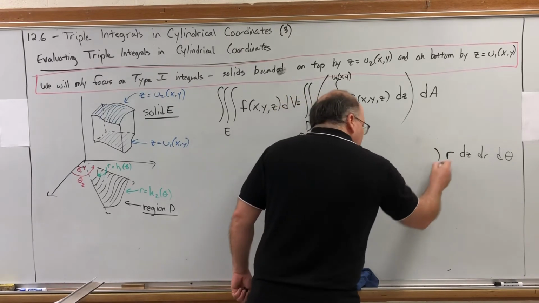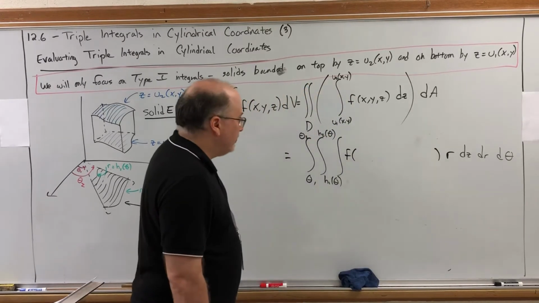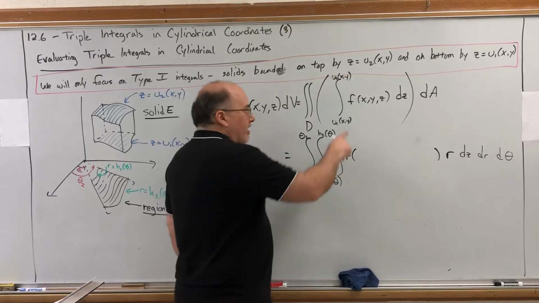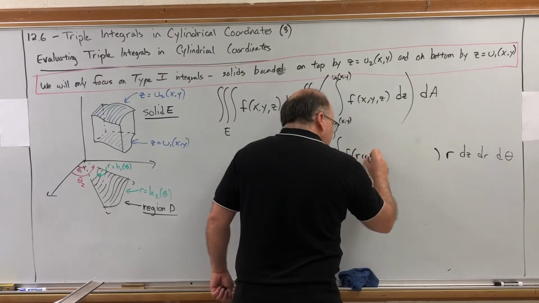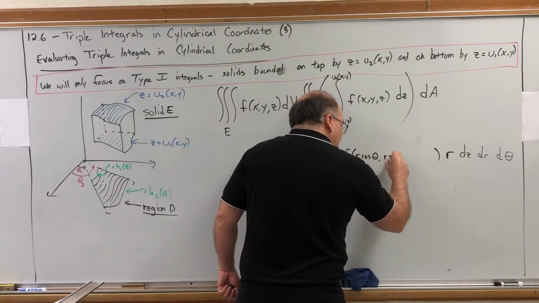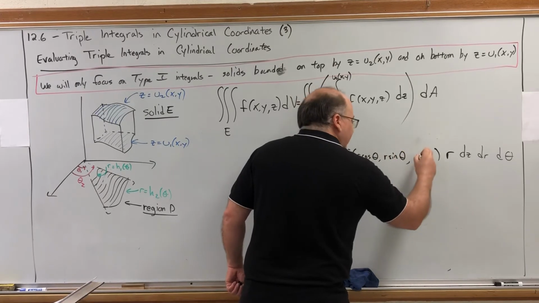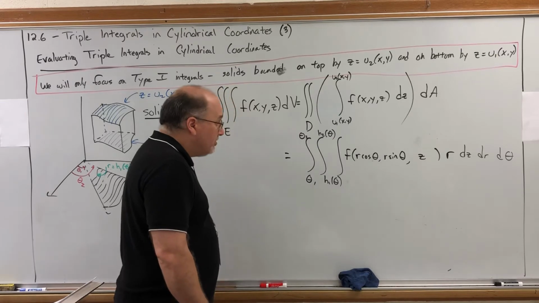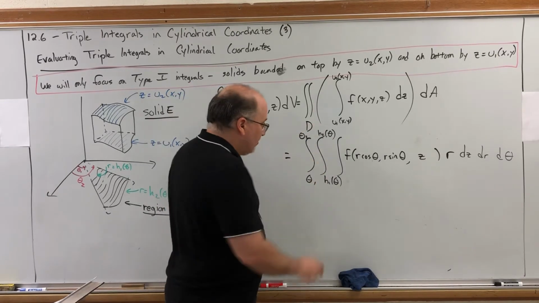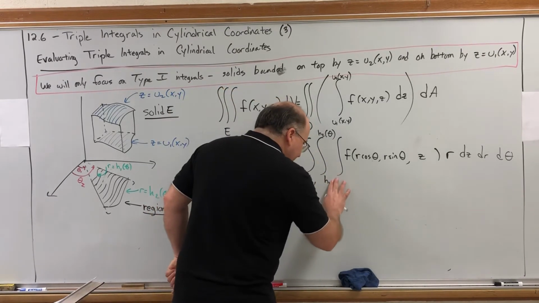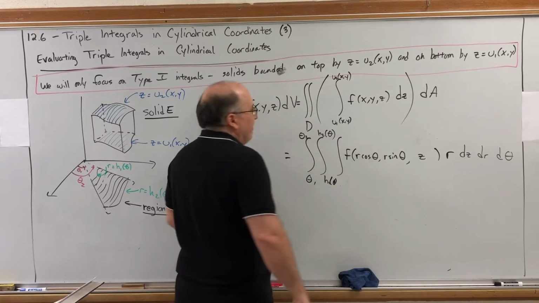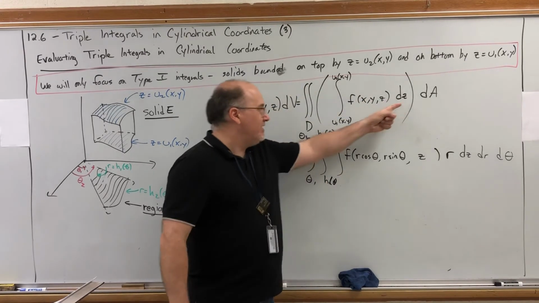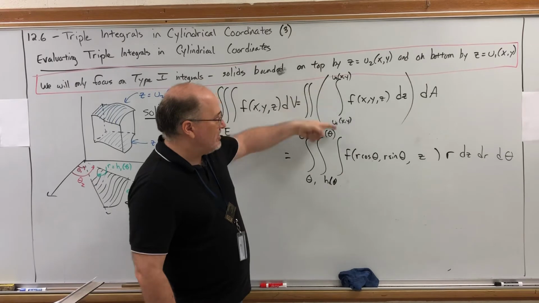Number 2, inside the function, we have to change everything to cylindrical coordinates. x is equal to r cosine theta, y is equal to r sine theta, and z is just equal to z. And the limits on the first integral, the dz integral, were functions of x and y.